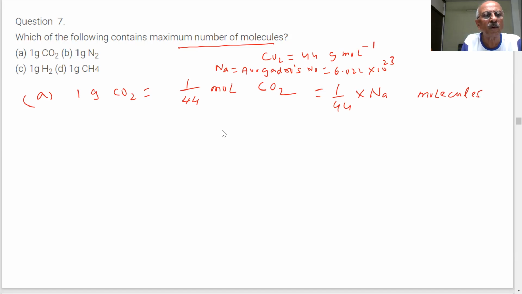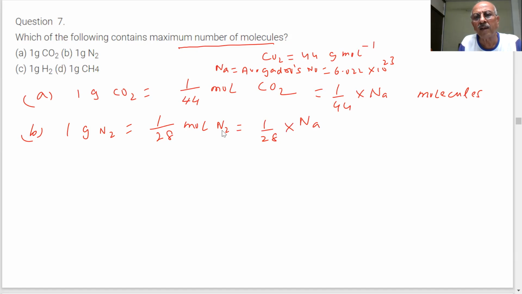of CO2. B, what is 1 gram N2? 1 by 28 mole N2, which is equal to 1 by 28 into Na molecules of N2.